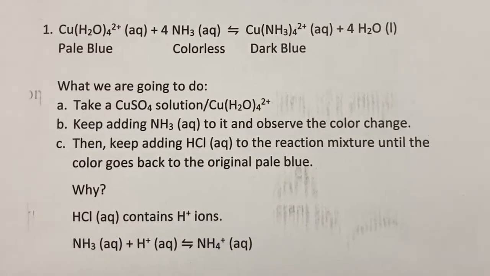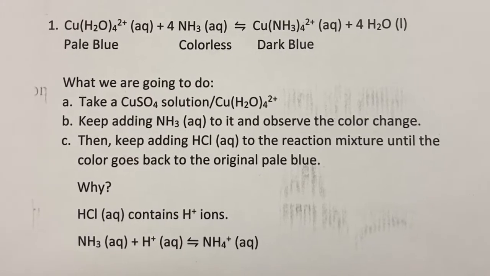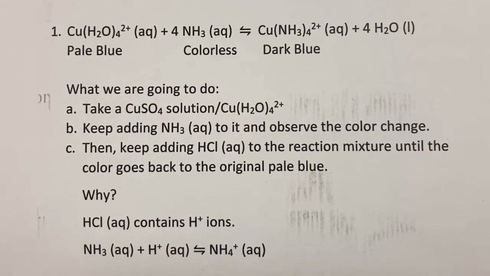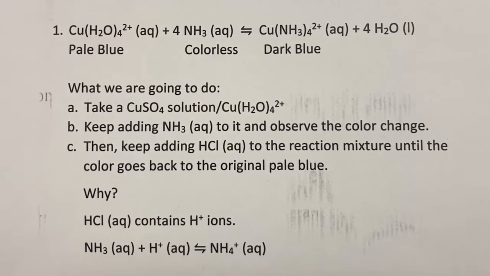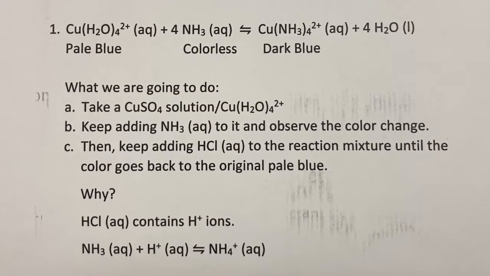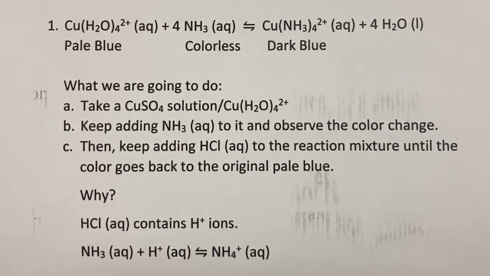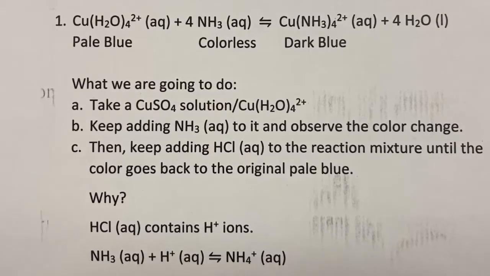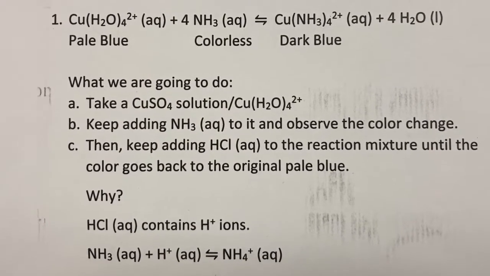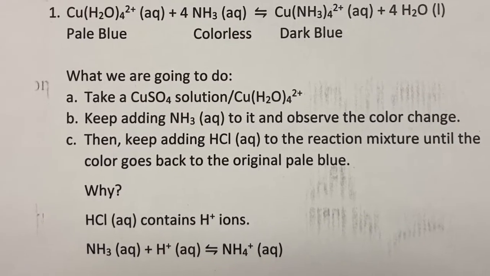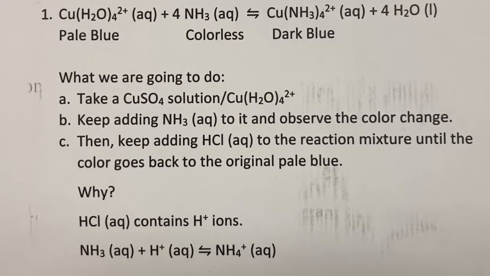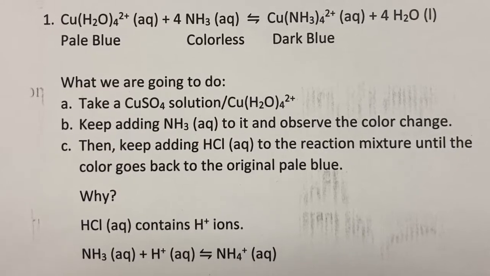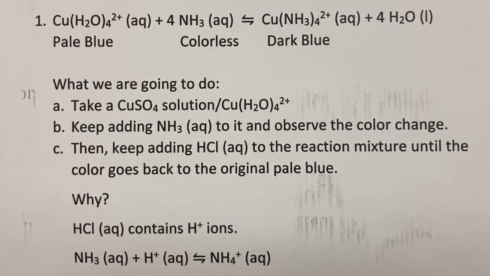We are going to run a few reactions to test the impact of a concentration change to an equilibrium. The first one is about this reaction. Copper 2 plus ion in water combines with 4 water molecules to form a copper-water complex.